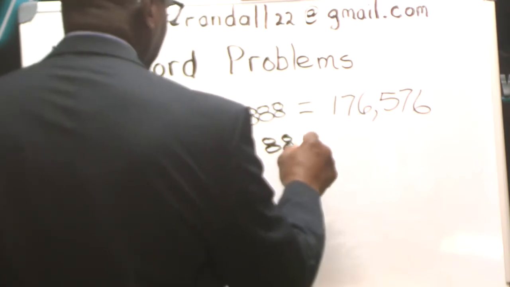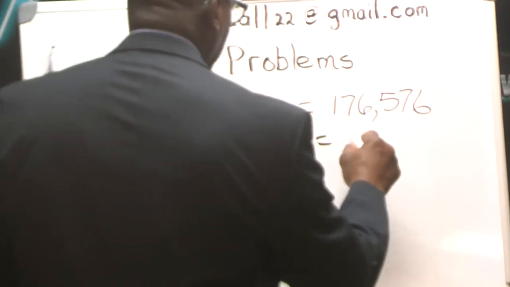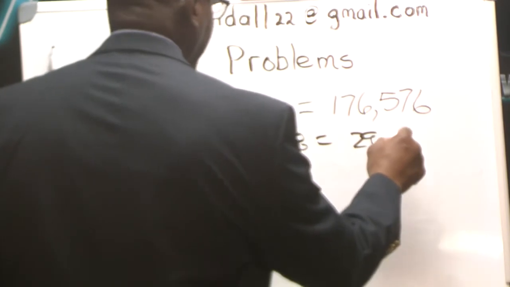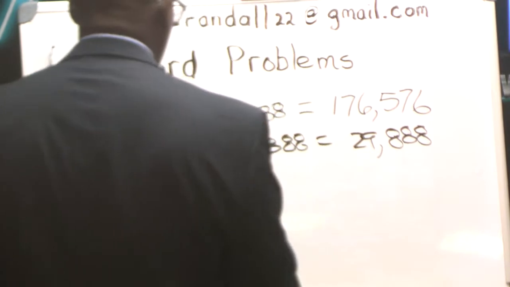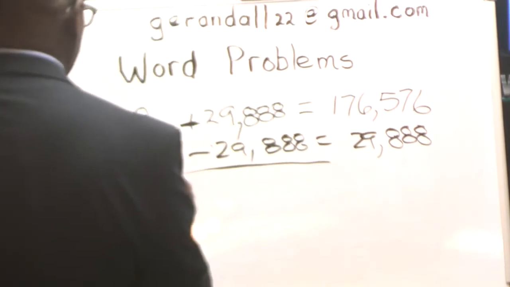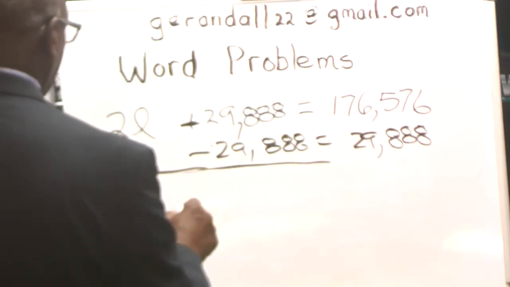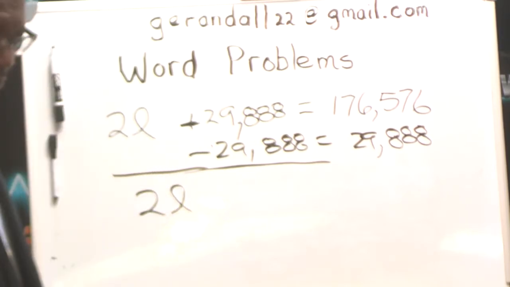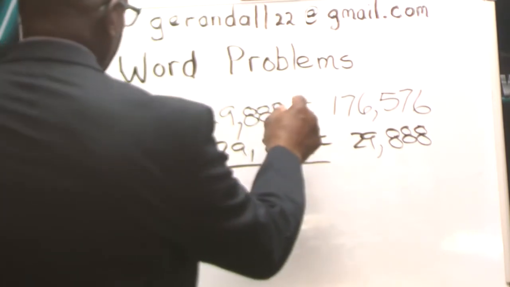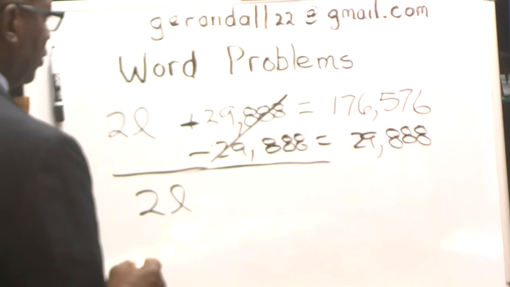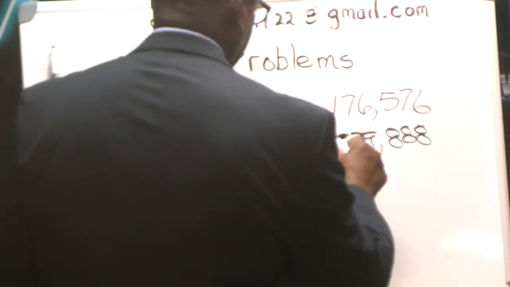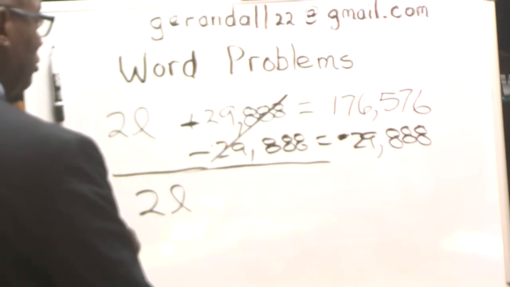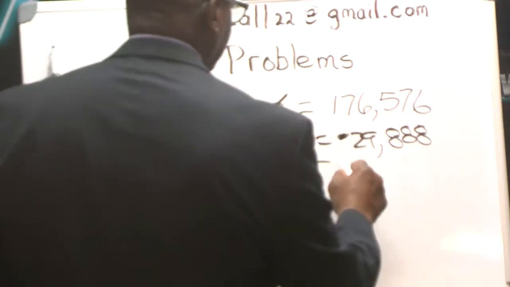Whatever you do to one side of the equal sign, you must do to the other. What's left on this side is 2 times the population of Longview. You've removed 29,000. You add it, you subtract it on this side. Again, whatever you do to one side of the equal sign, you must do to the other.